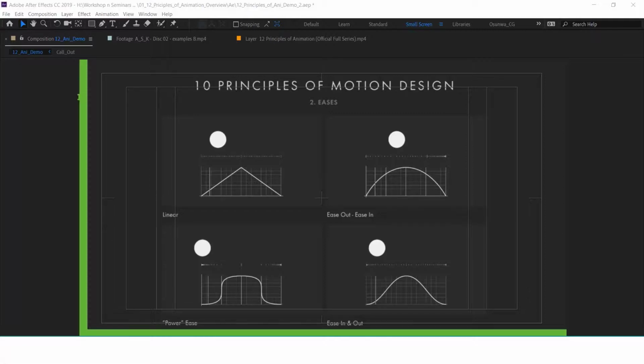Now, whatever good software you're using, Maya or Cinema 4D, it gives you this control, the animation curve. Right here, we find there's one called linear.